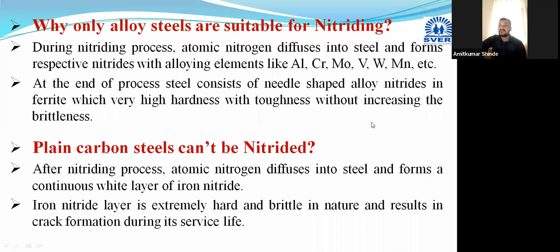Brittleness is decreased due to the presence of ferrite in case of alloy steels, but in case of plain carbon steel only iron nitride will be formed as alloying elements are absent, and it will form a white layer which is extremely hard and brittle.